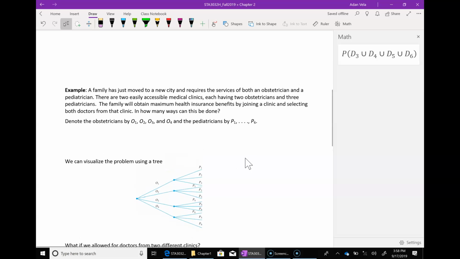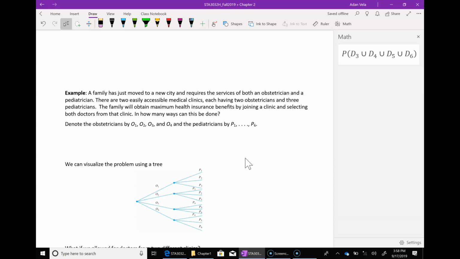All right, here goes a fun little problem. Let's say you just moved to a new city. I moved to Orlando, and I need to pick out an obstetrician and a pediatrician for my family. There are 2 different clinics where I could do this, clinic 1 and clinic 2.